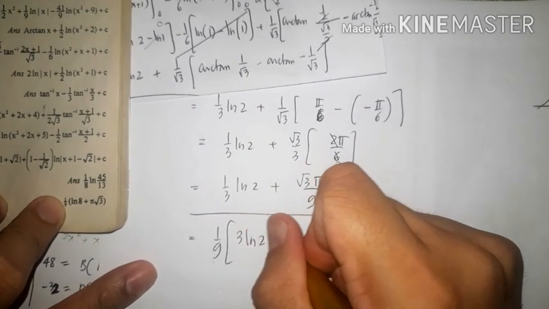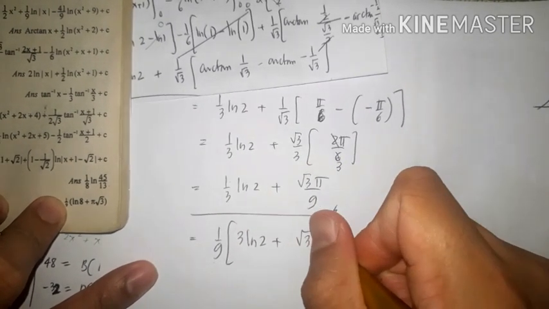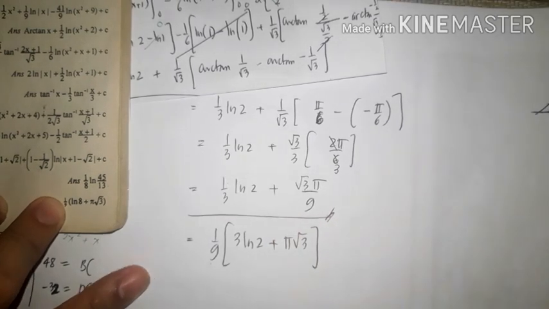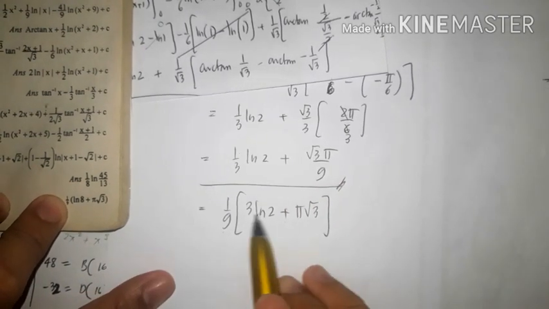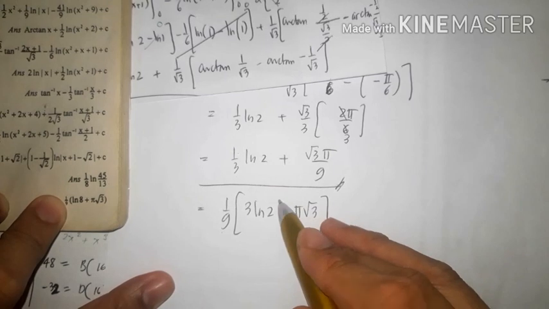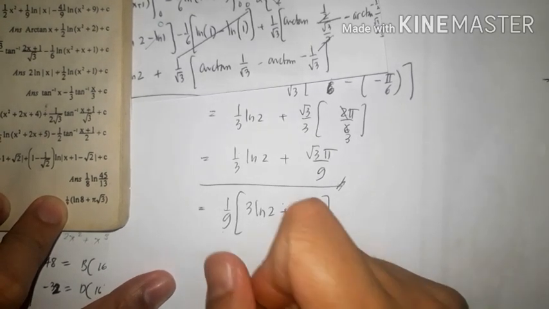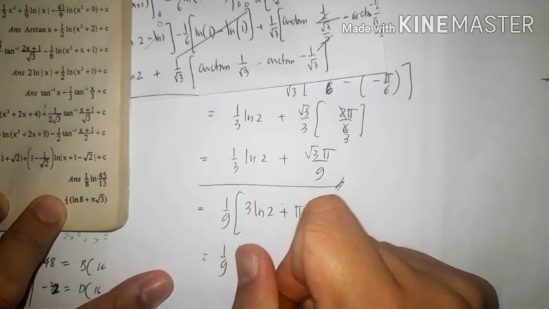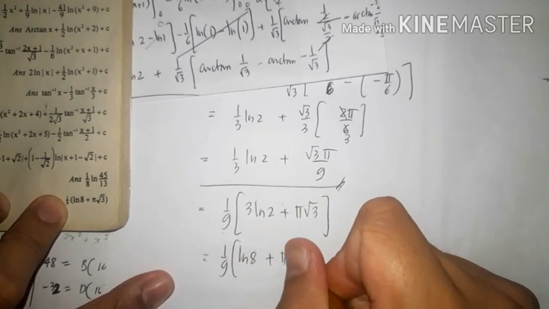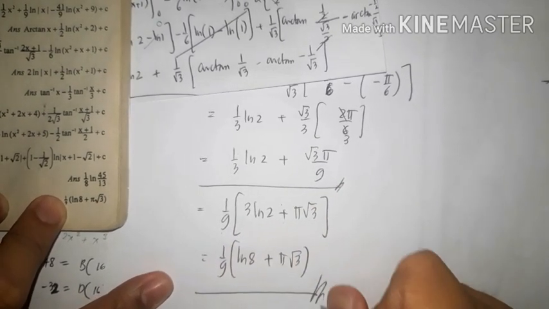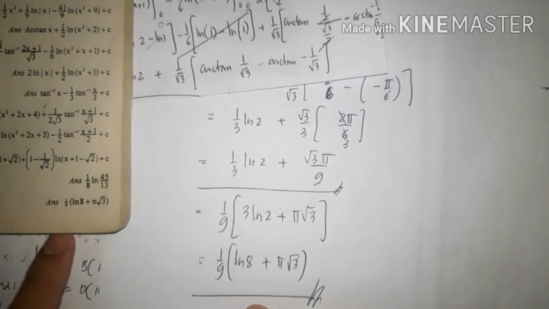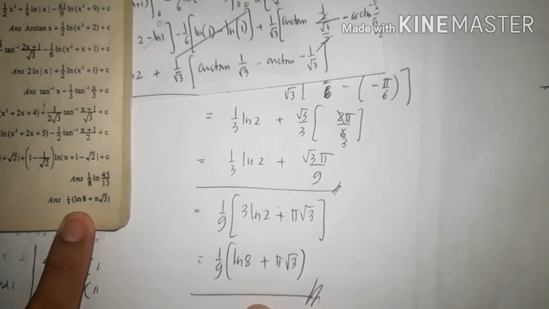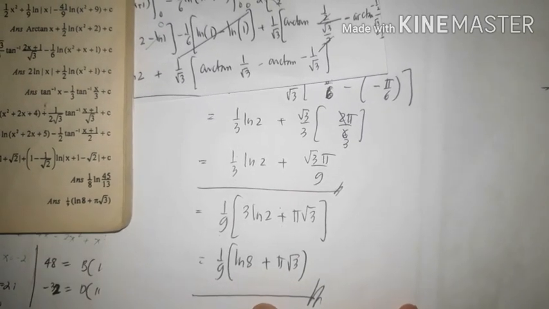That's 3 ln 2 plus square root of 3 times pi is pi square root of 3. And using the property of logarithm, we can make the 3 an exponent of 2. So this gives you 1 over 9 times the quantity ln 8 plus pi square root of 3. So that therefore is our answer, which is the same as that in this book. Okay.